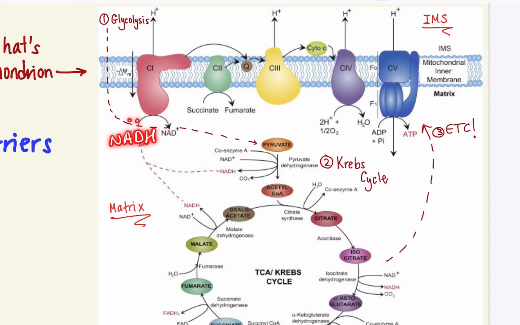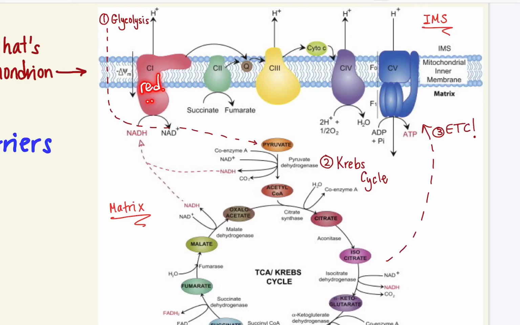Now, complex 1 initially is oxidized, meaning it does not have any electrons. So when NADH comes in with those electrons and reduces complex 1 by giving complex 1 those electrons, complex 1 now becomes reduced with these electrons.